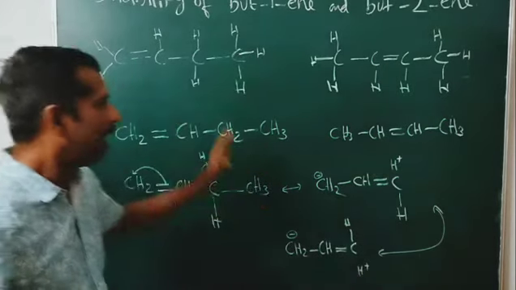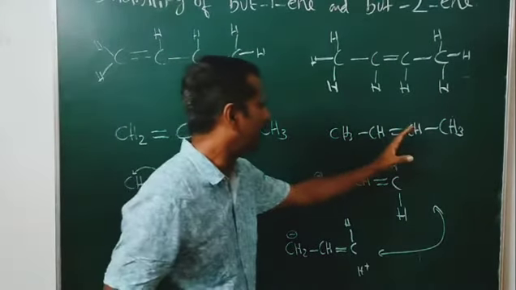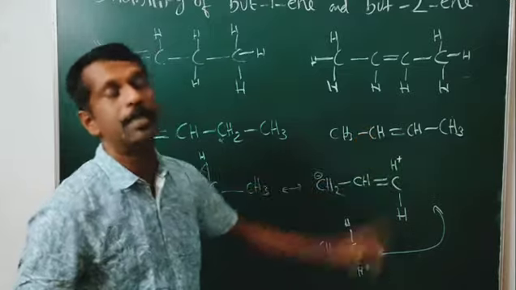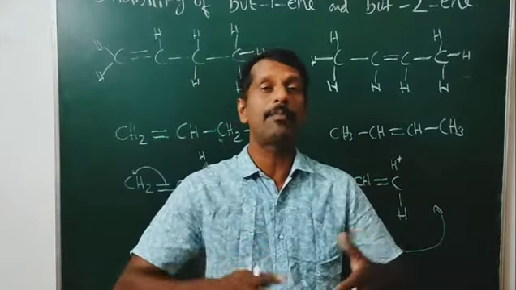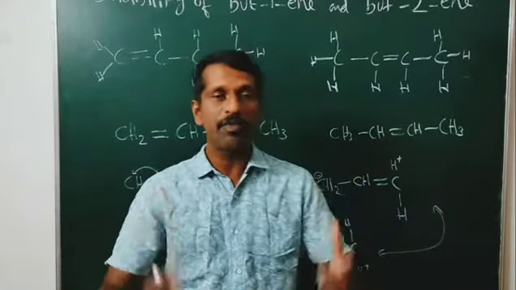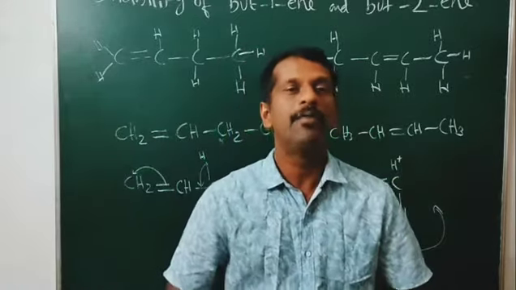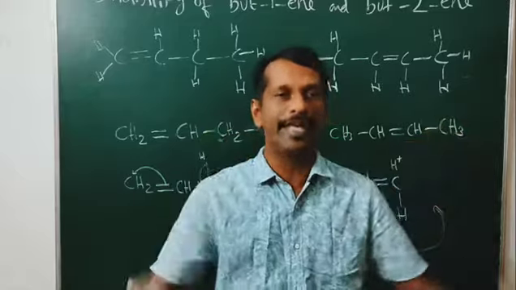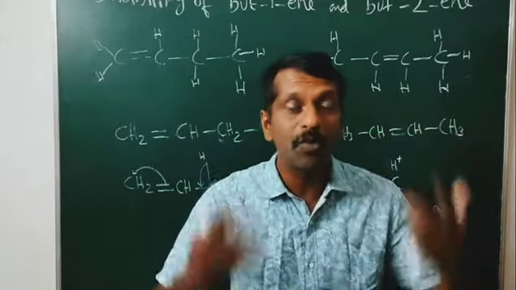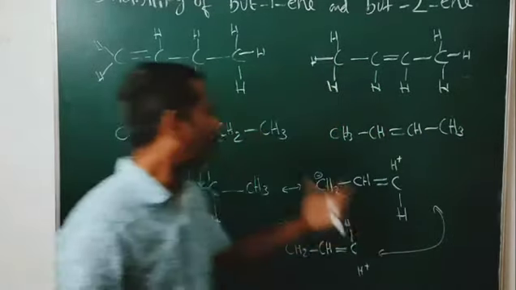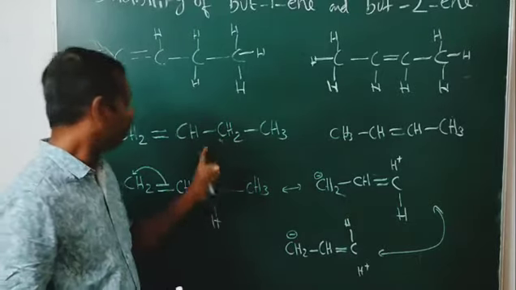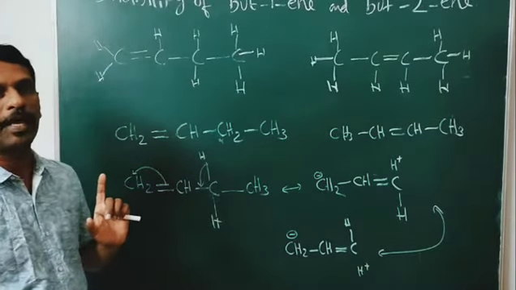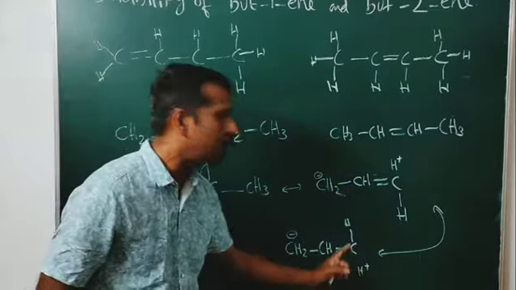Now let us see the number of canonical forms in but-2-ene. Keep it in mind, the more the number of alpha hydrogen atoms, the more the canonical forms. When more canonical forms are possible, there is more hyperconjugation interaction and more stability. In but-1-ene only 2 alpha hydrogen atoms are there and we have only 2 canonical forms.